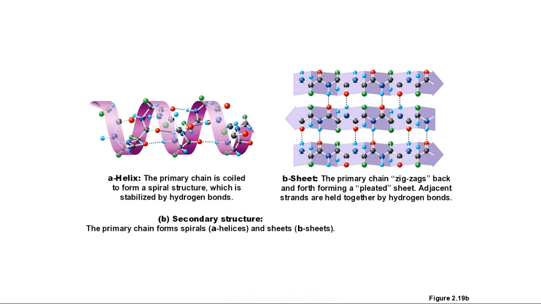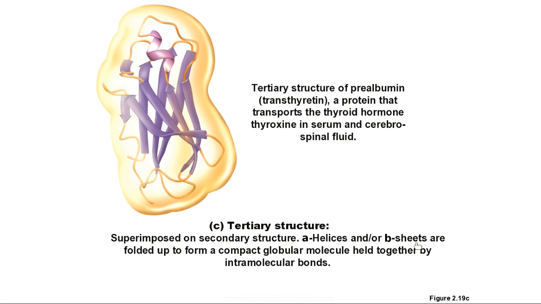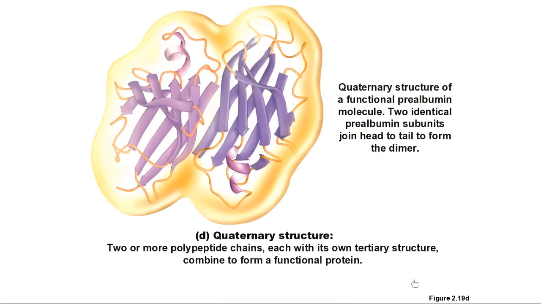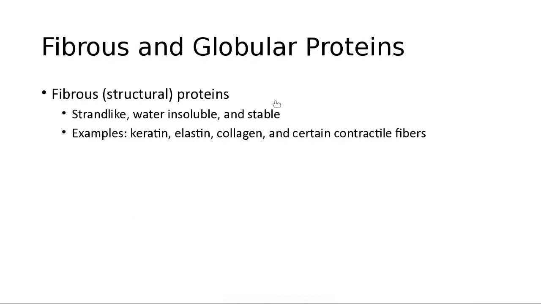And then as they continue to form, this is a tertiary structure. You have very many bends and turns, and this is a quaternary structure. Many bends and turns, and it's a very complex structure.